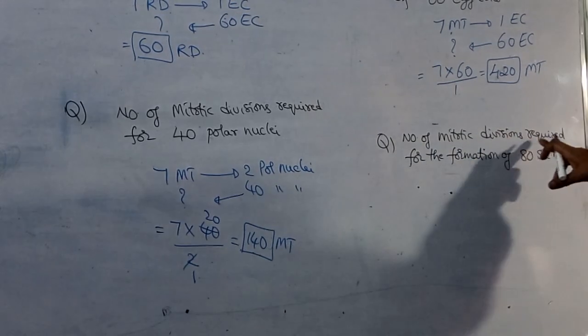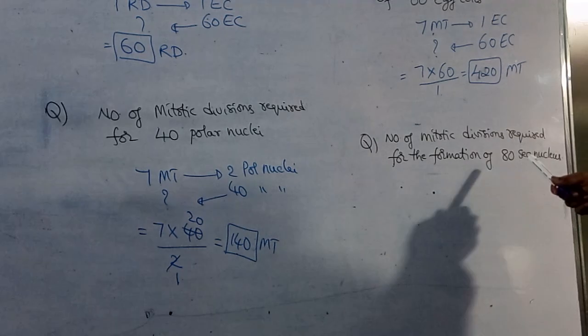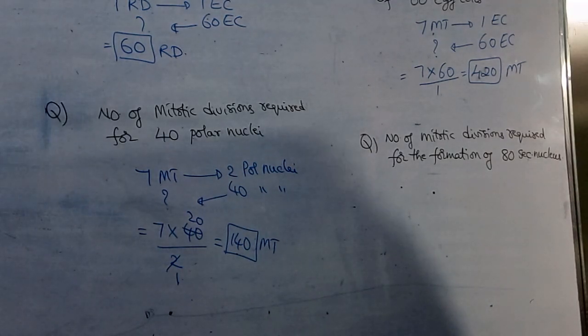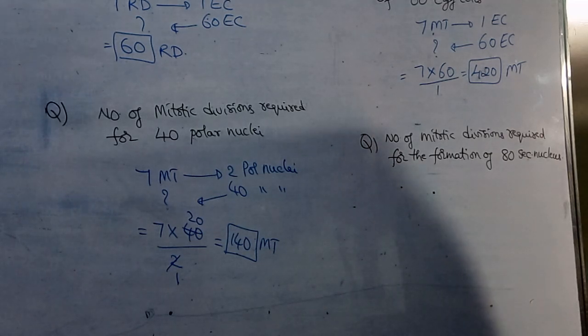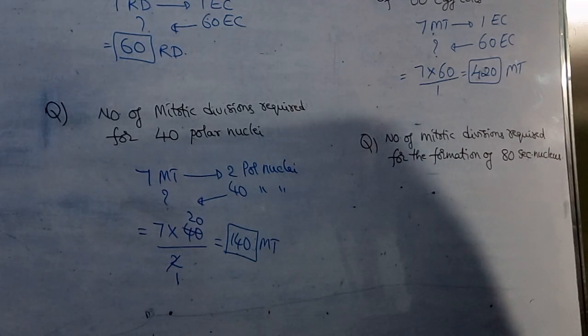And the next question: number of mitotic divisions required for the formation of 80 secondary nuclei. How many secondary nuclei are given here? 80. In the embryo sac, how many secondary nuclei are present? Only one. How will the secondary nucleus be formed? The two polar nuclei combine together and form one secondary nucleus. The ploidy of polar nucleus is haploid. The ploidy of secondary nucleus is diploid.